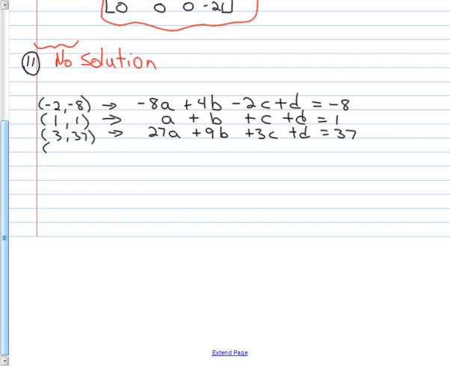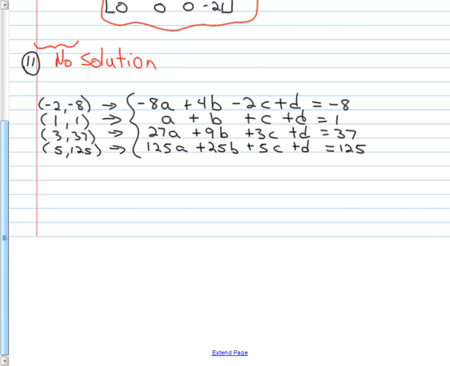And finally, 125. 125A plus 25B plus 5C plus D. So I have my system.